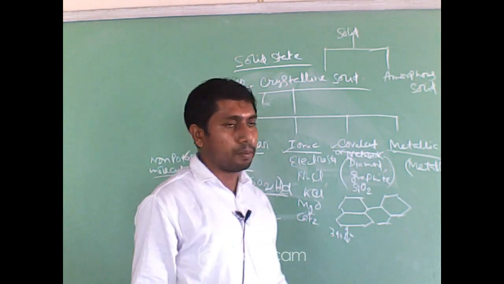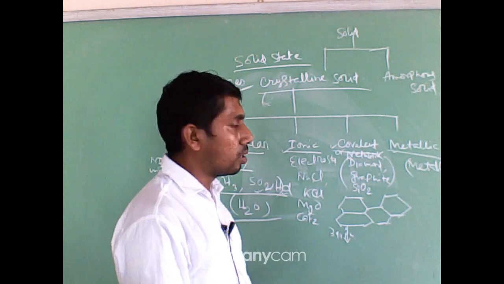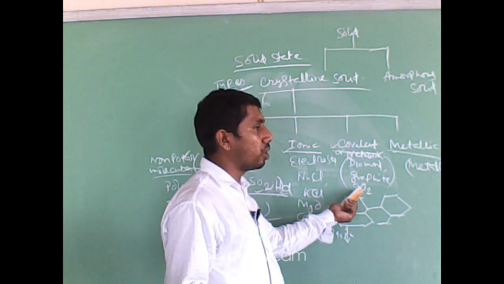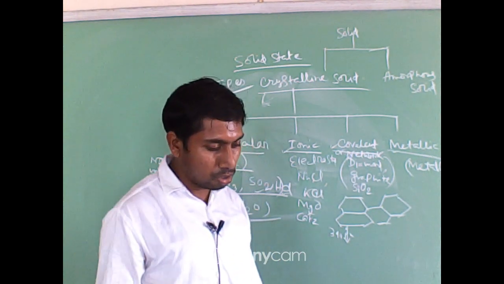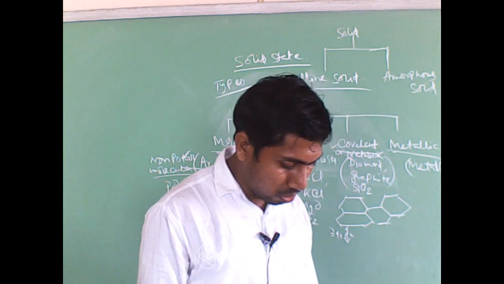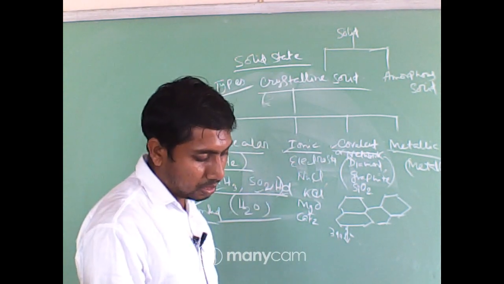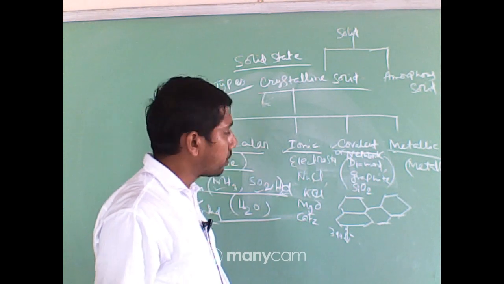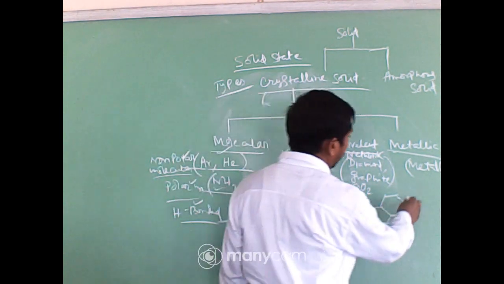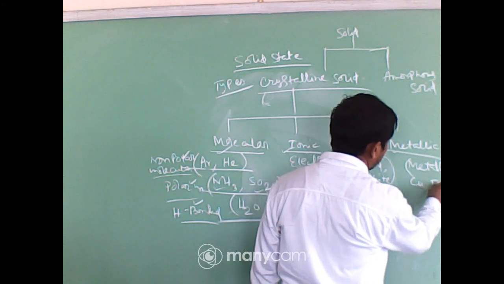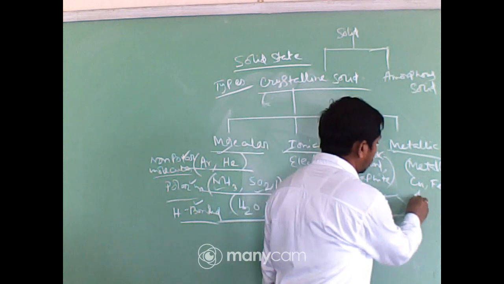Here covalent bonding is there between the atoms, and the examples are silicon dioxide, graphite, diamond, and silicon carbide. The metallic solid has metallic bonding between the particles, and iron and copper are examples of metallic solid. Understood?